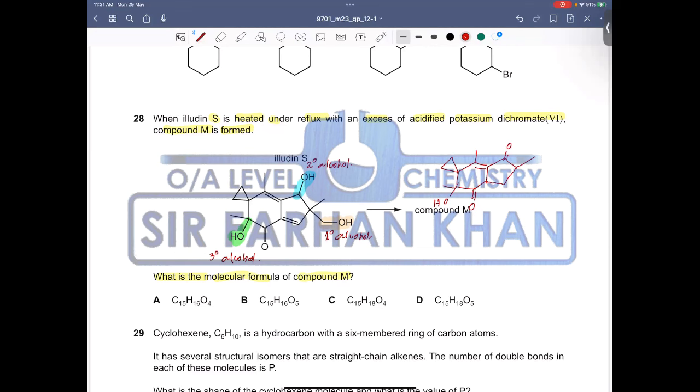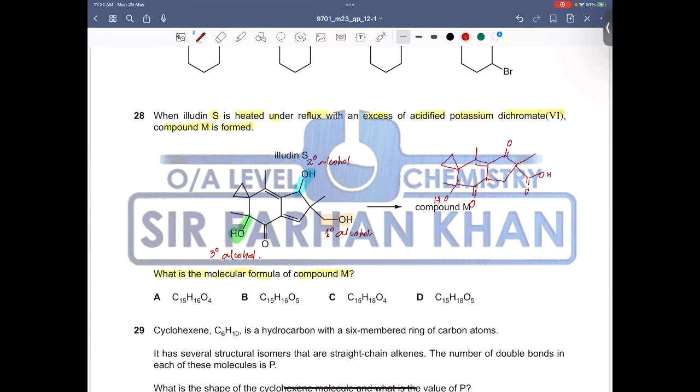This will remain as it is. And this is going to be your carboxylic acid. Now we don't need to count carbon atoms because the carbon count is the same in all the options. Let's go over oxygen atoms. 1, 2, 3, 4, 5 oxygen. So 5 oxygen is here, 5 oxygen is here. That means C and A are absolutely incorrect. Now let's count hydrogen atoms.